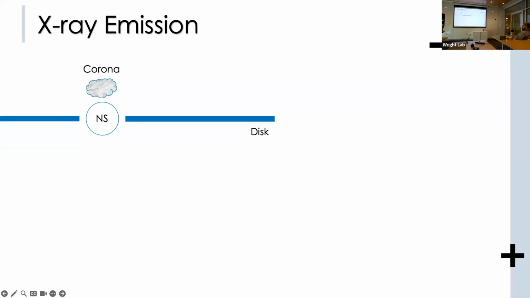And when I say hard X-ray, it just means high energy emission. So we'll see direct emission from that coronal region of hot electrons, and then the thermal emission from our accretion disk. But some of the hard X-rays can irradiate the disk and be reprocessed by the material and re-emitted, giving us what is known as the reflected spectrum.